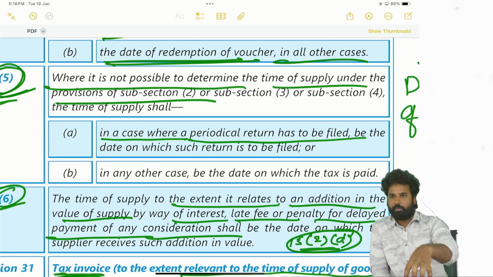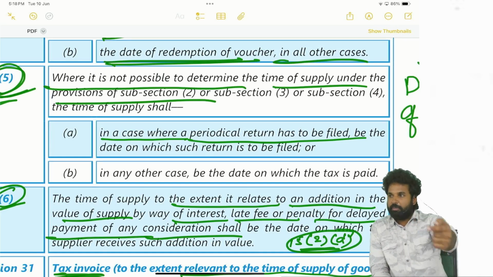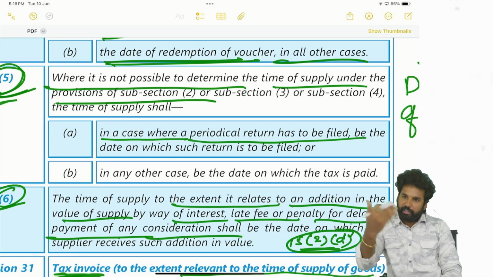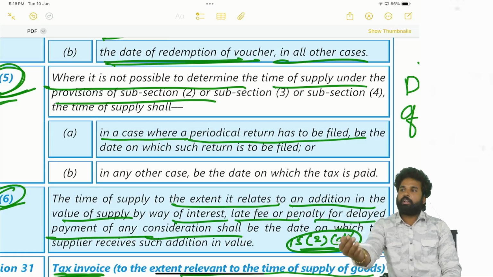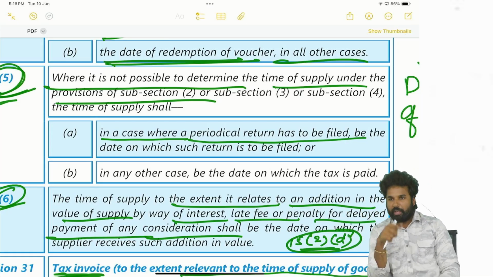When the recipient is paying interest to the supplier, when we are collecting late fees or a penalty, then we have to pay GST. Then the time of supply for such payment of GST arises.